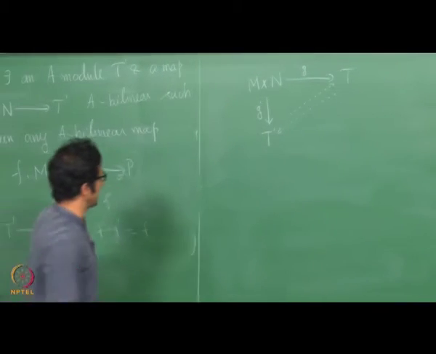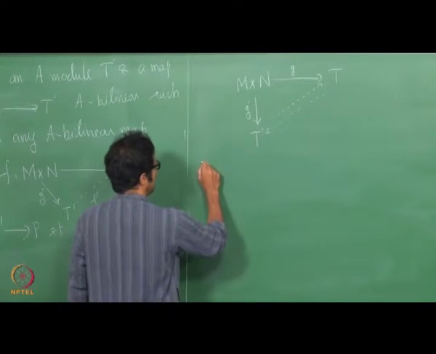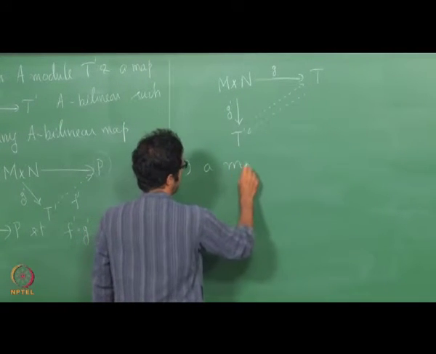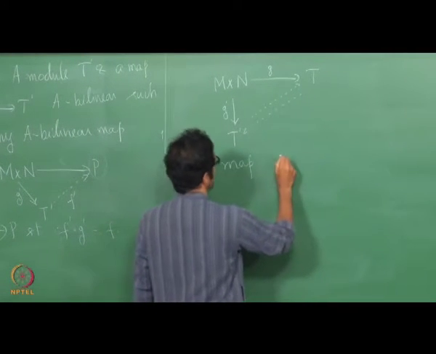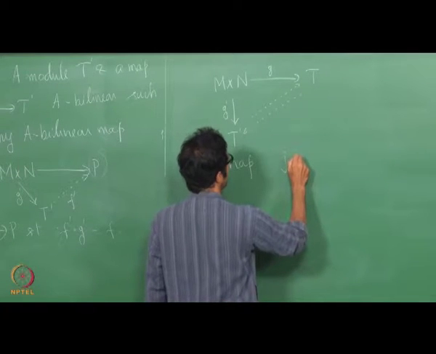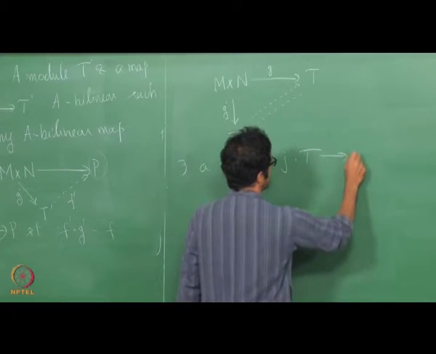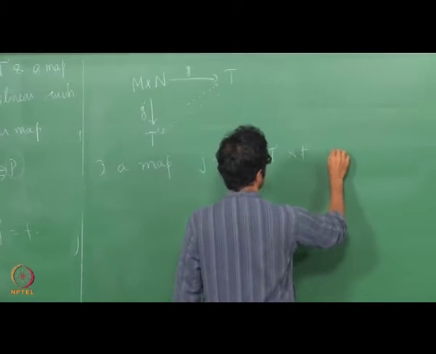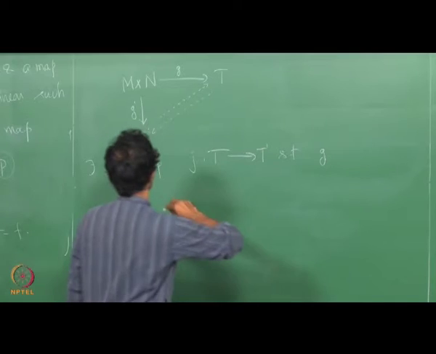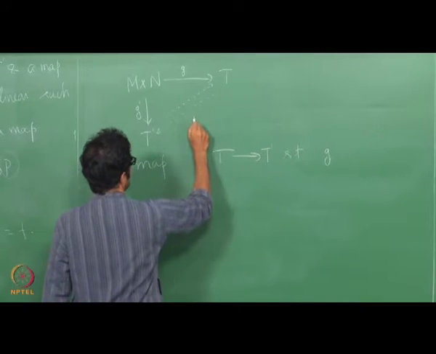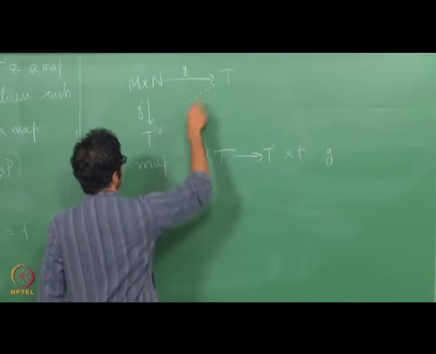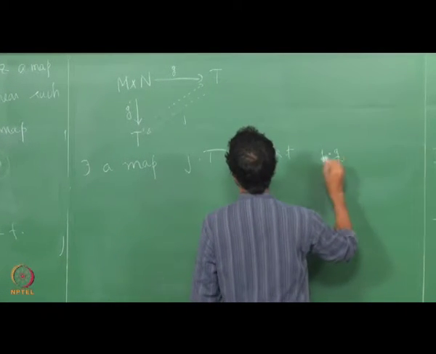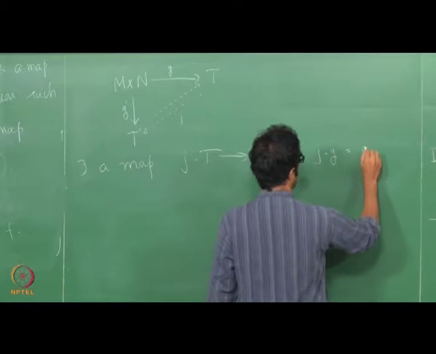Okay. Then there exists a map, let me call this J, from T to T prime, such that J composite G is the same as G prime.